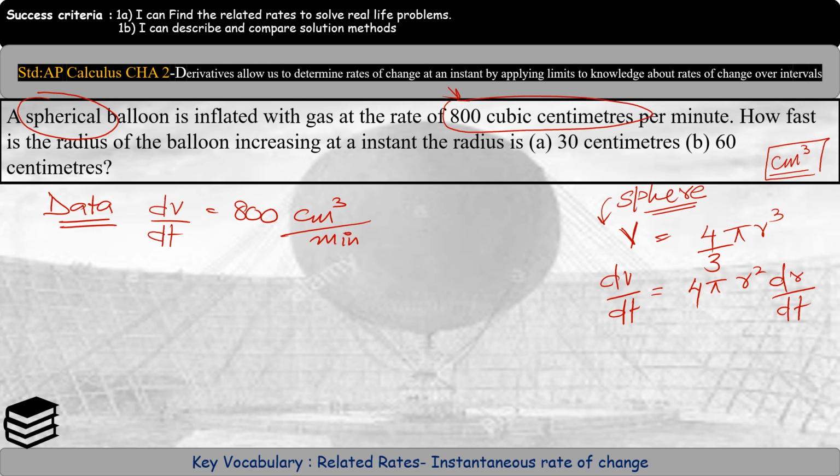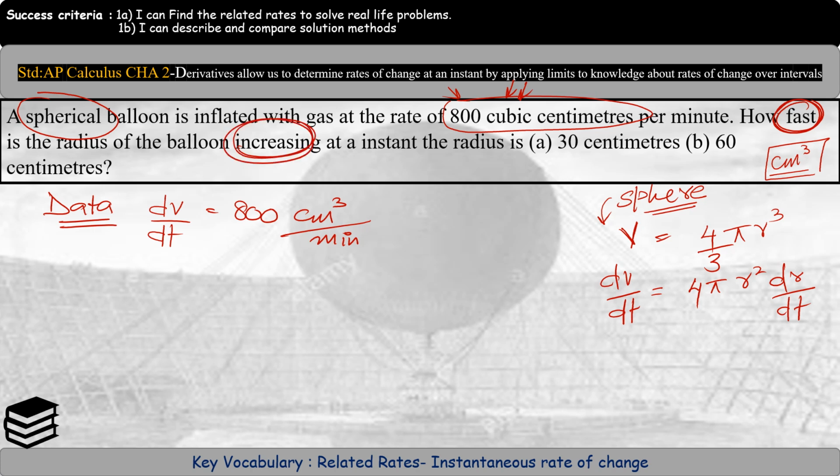Now in the question, it is not specified that this is volume. How did we detect that this is the volume? By the units. How fast is the radius of the balloon increasing? The word faster is used to show the change, and so is increasing.